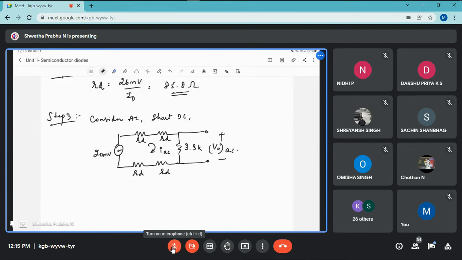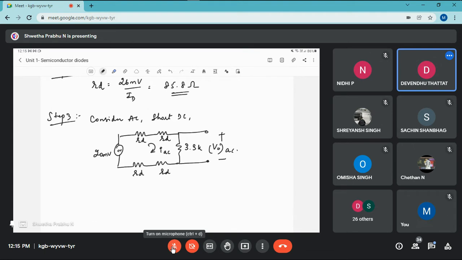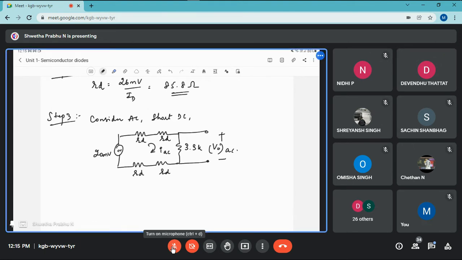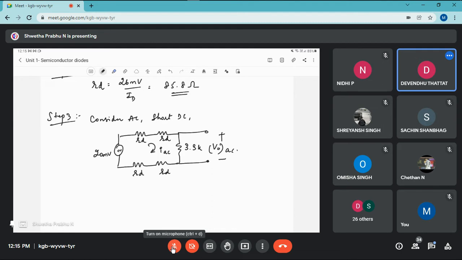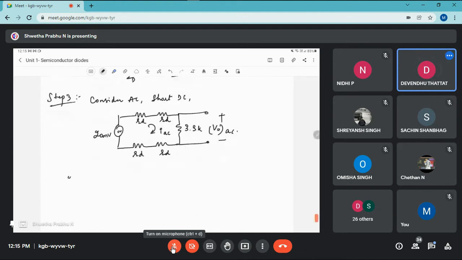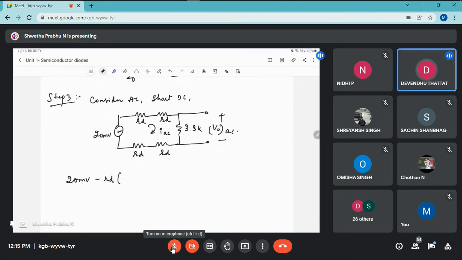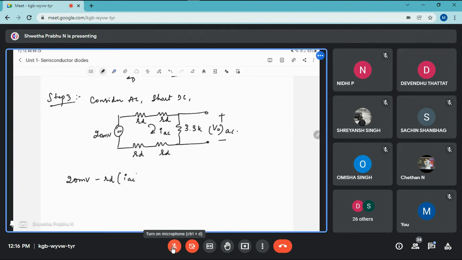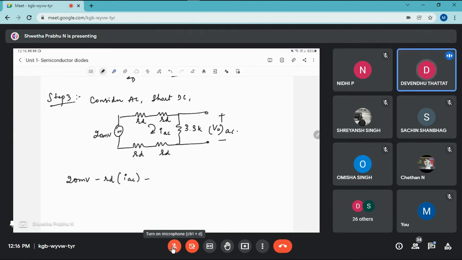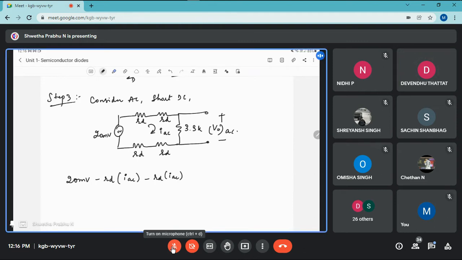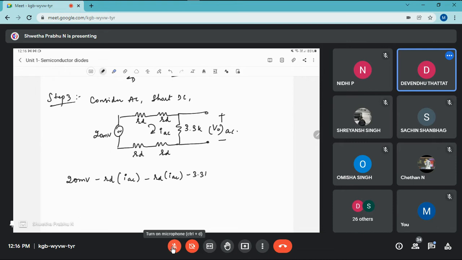Devendu? Yes, ma'am. Devendu, can you tell me the KVL equation to find IAC? 20 mV minus RD multiplied by IAC, then minus RD IAC, then minus 3.3k, and minus RD IAC.